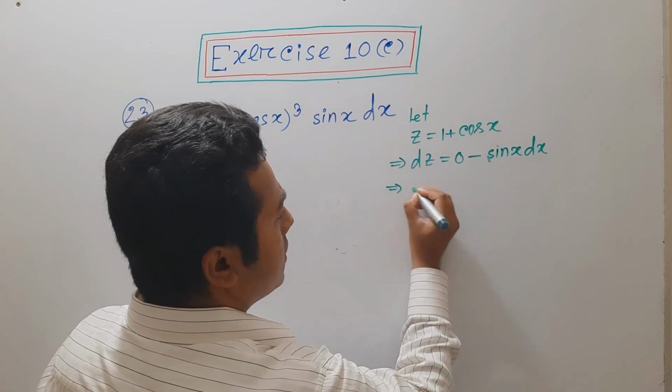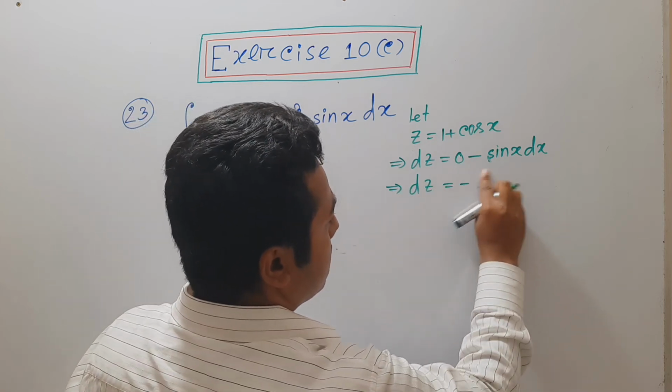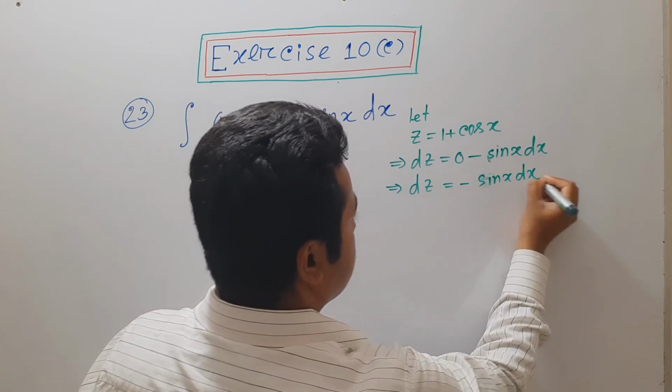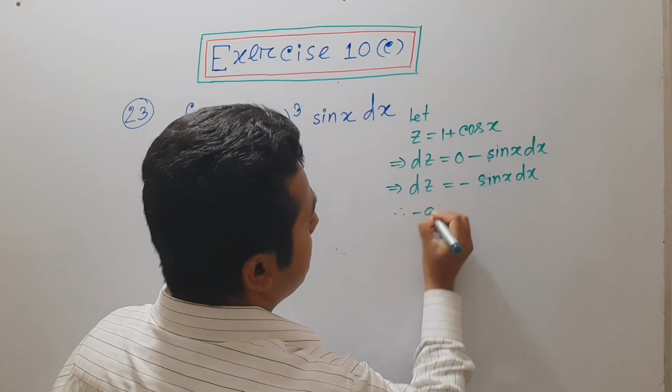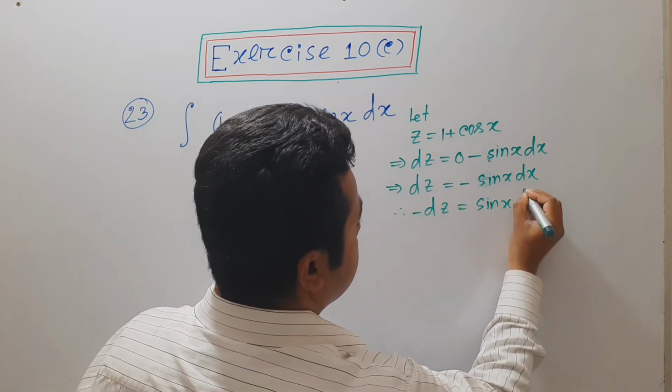Okay, so dz is equal to minus sin x dx. Therefore minus dz is equal to sin x dx.